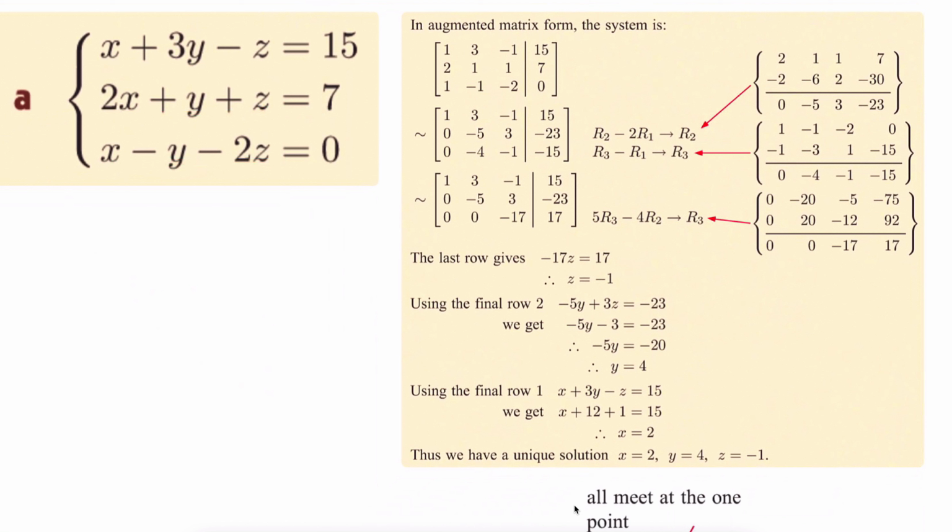The coefficients are going to be 1, 3, -1, and then the constant is 15. So 1, 3, -1, 15. 2, 1, 1, 7. So that's how he set it up. The first line is directly copied across, just the coefficients and the constants.